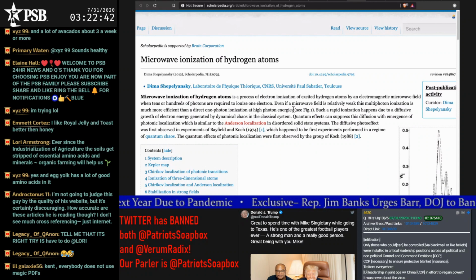So FCC, if you're listening, just because you've segmented and made legal non-ionizing radiation, this document basically says that it's easier to ionize hydrogen with multi-photon ionization than it is to use one photon, which is how they segment and distinguish between ionizing radiation and non-ionizing radiation.